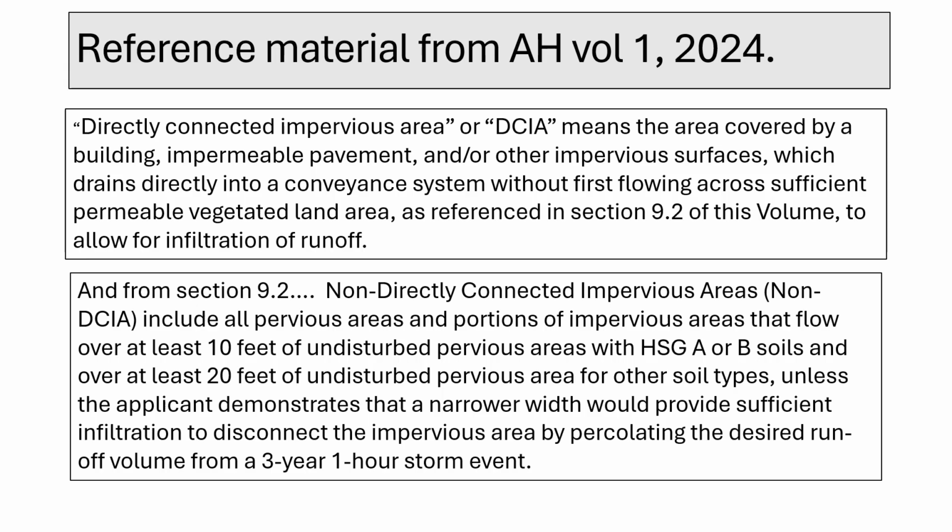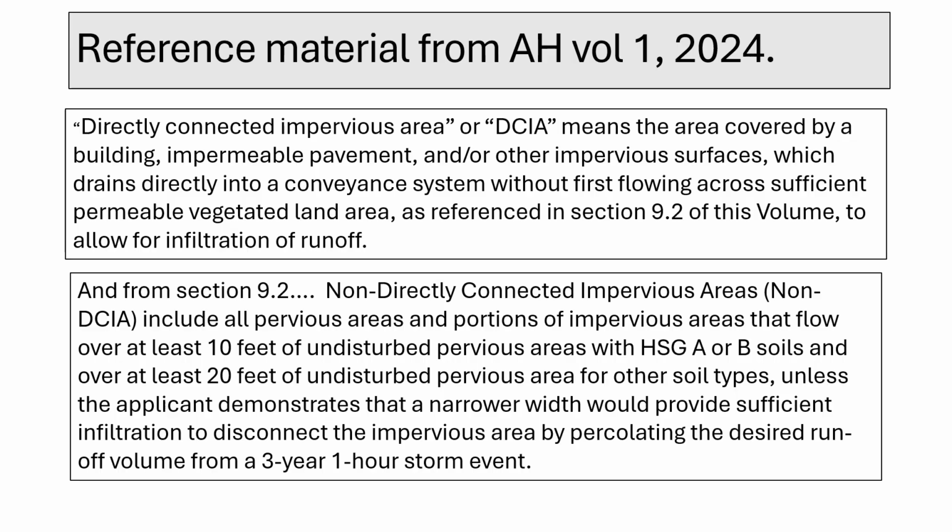The key idea here is that word directly. The runoff goes straight into a pipe or channel without any opportunity to infiltrate into the ground first. When we can disconnect part of that DCIA, we reduce both the annual volume of runoff and the associated pollutant loading. That disconnection has real water quality and water quantity benefits.